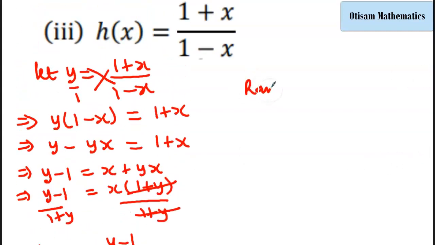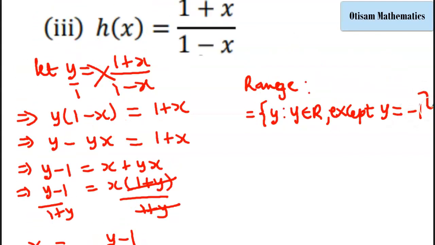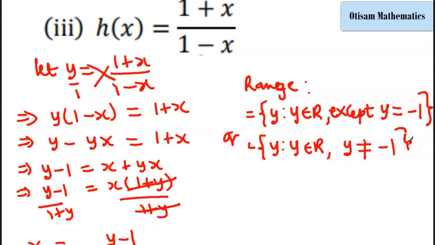The range will be y such that y is a real number except y is equal to minus 1. Or y is such that y is a real number, then y should not be equal to minus 1. So any one is correct.